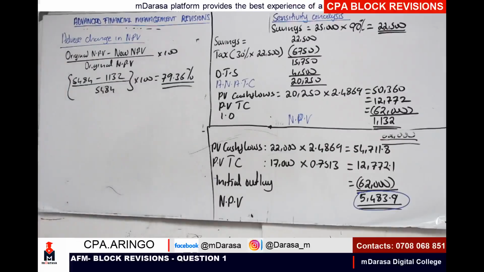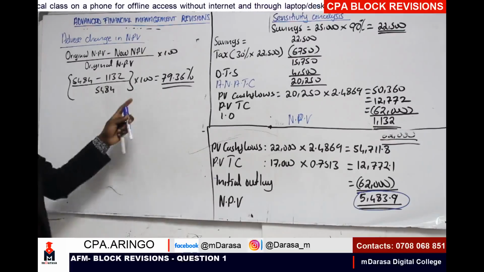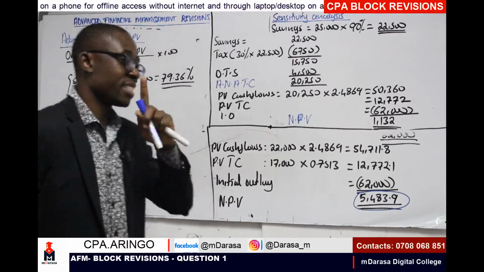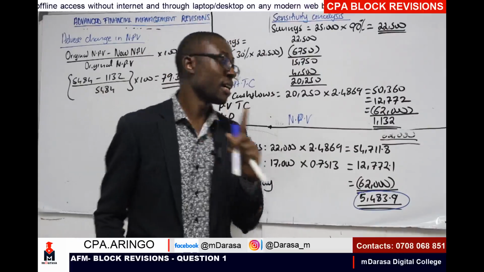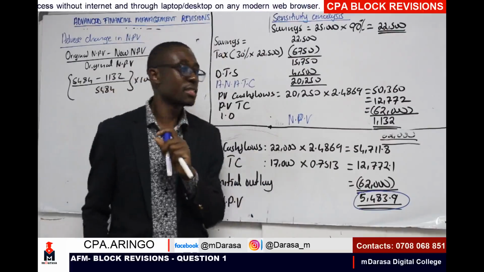If you are to advise the company, you'll find that is a very sensitive decision variable, because a 10% adverse change in the variable results in a 79.4% adverse change in our NPV. That decision is very, very sensitive.